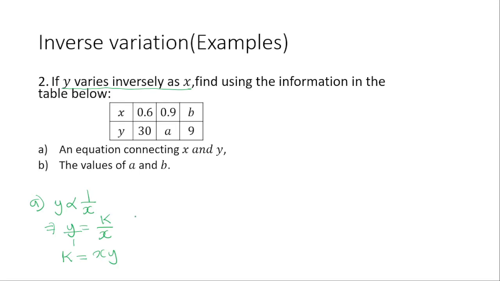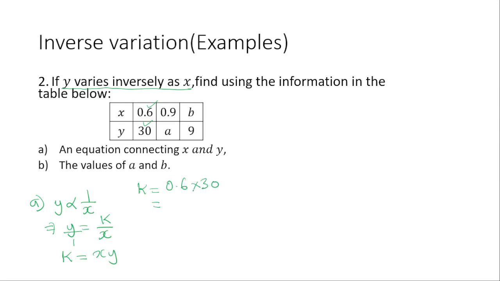So what we need to do is to find two corresponding values, x and y, in the table. The only two corresponding values are in the first column. X is equal to 0.6 and y is equal to 30. So we'll use these two values to find the value of k. 0.6 multiplied by 30.